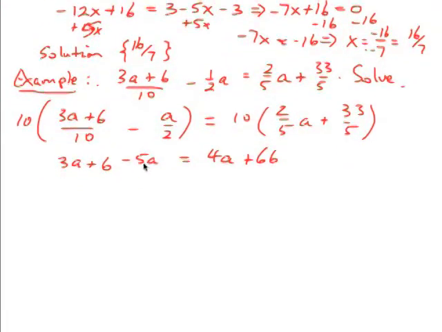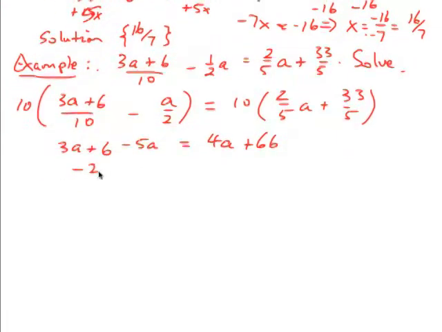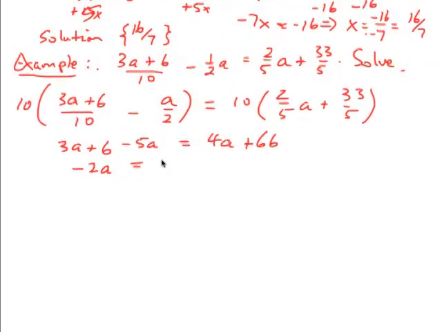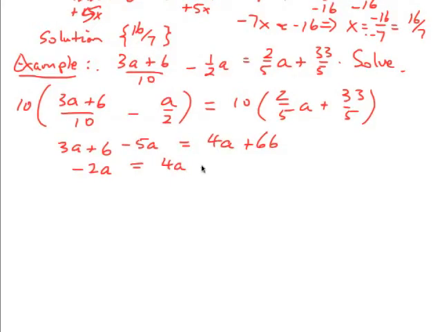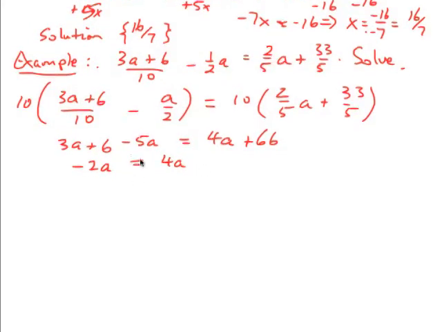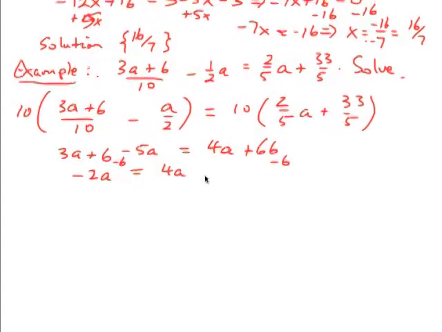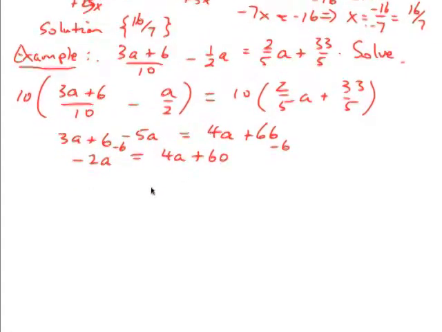Now we have it in the regular form, so here we're going to have a negative 2a, and I could subtract 6 from both sides. If I'm subtracting 6 here, I'd subtract 6 here, so I'd have plus 60.